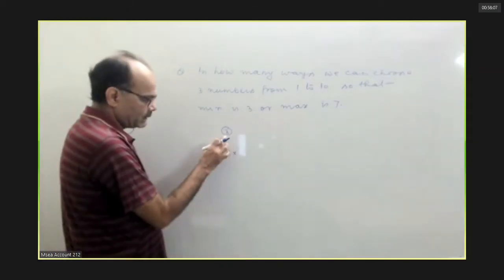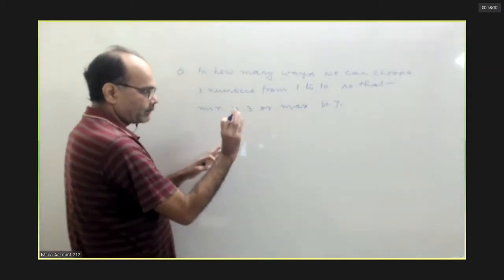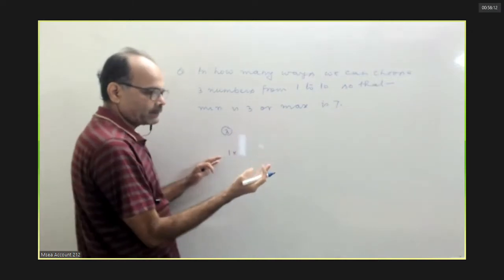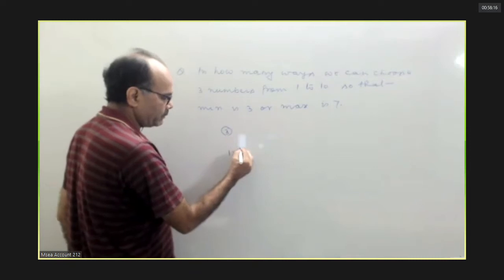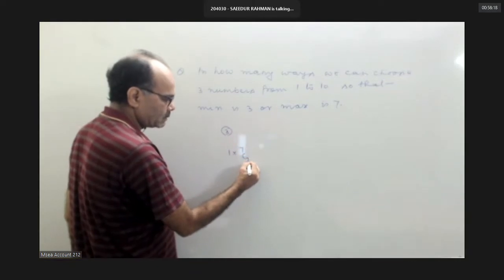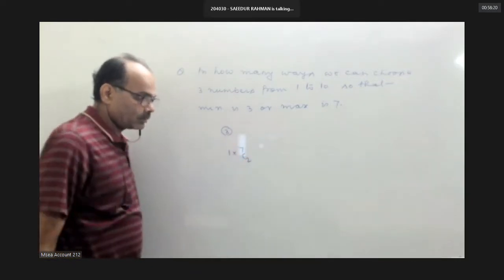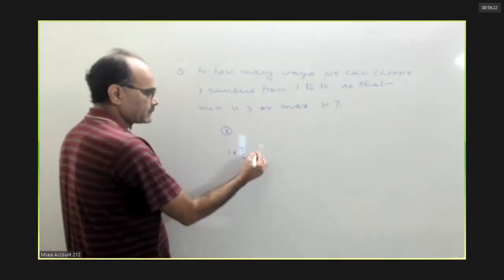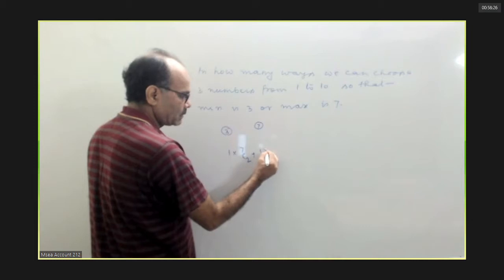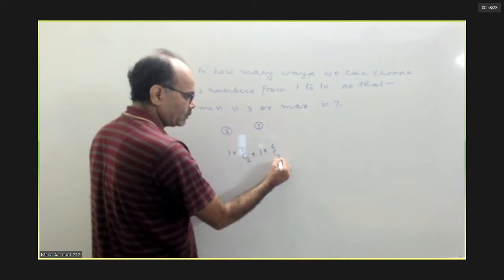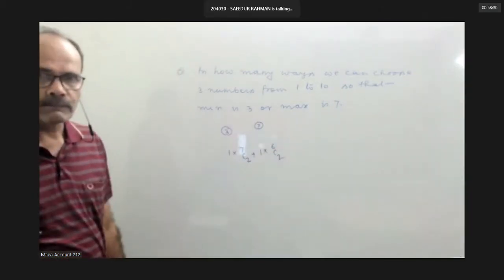Let us select 3. There is only one way. From the remaining 7 numbers, 4, 5, 6, 7, 8, 9, 10, we have to select 2: 7C2. Plus, suppose the maximum is 7. Select it, and from 1 to 6 we select 2: 6C2.